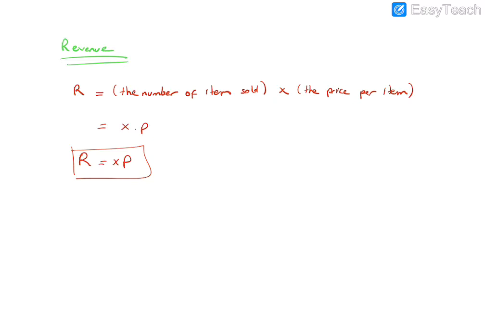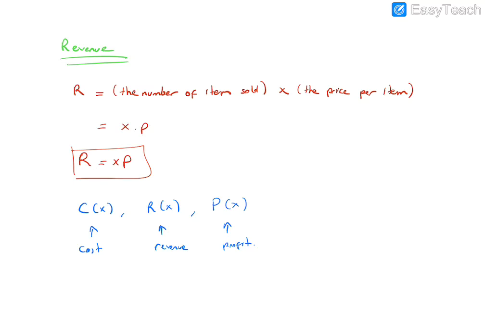So let's write here: cost function, revenue function, and profit function. Here all of them have the independent variable X, the number of items manufactured and sold. So let's write: cost, revenue, and profit.